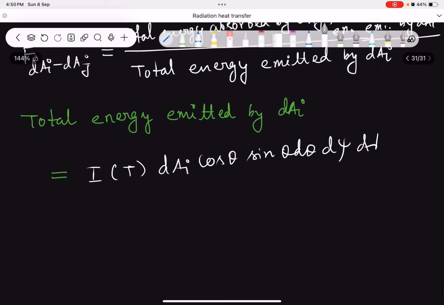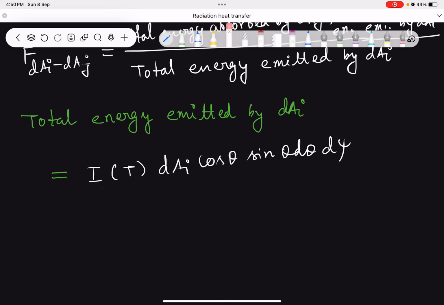Okay, so for the sake of generality, we take that this is a function of lambda also. But generally we don't do that. If it is not a function of lambda, then we don't need to integrate this.